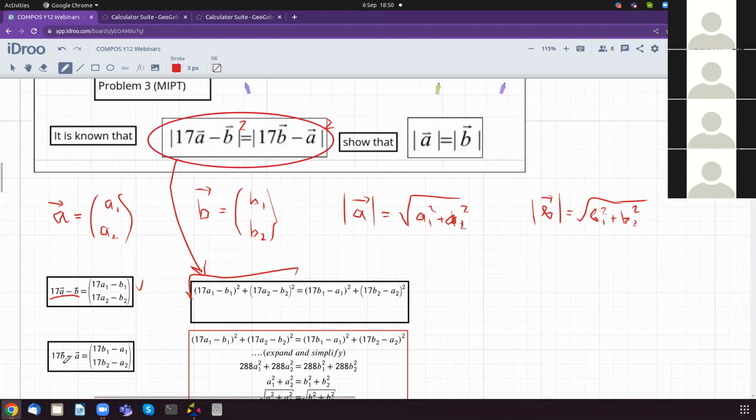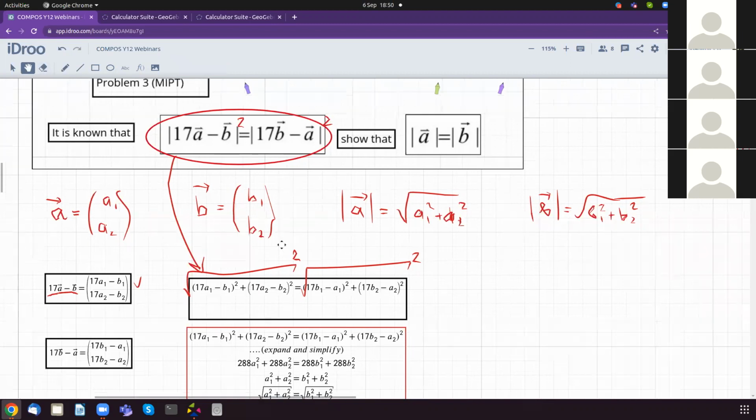And 17b minus a is the column vector 17b1 minus a1, 17b2 minus a2, and the length of this vector can be written as the square root of that. Now, if you square both sides, that takes care of the square roots, and you're left with this expression, which is then just simplified, and you go back to this.